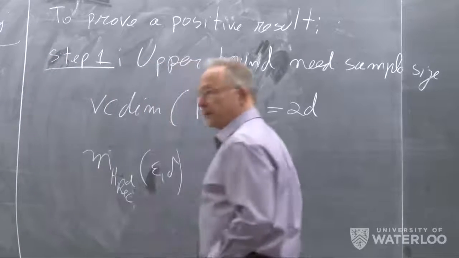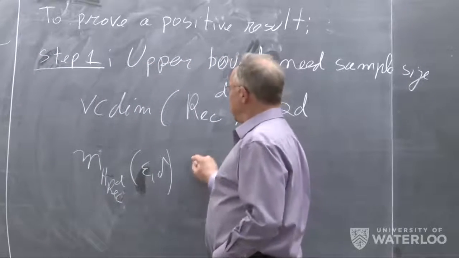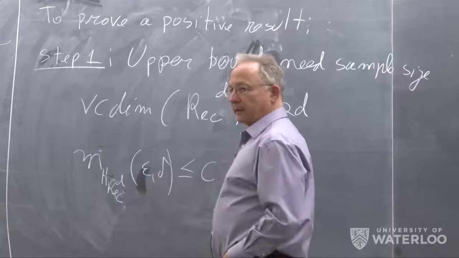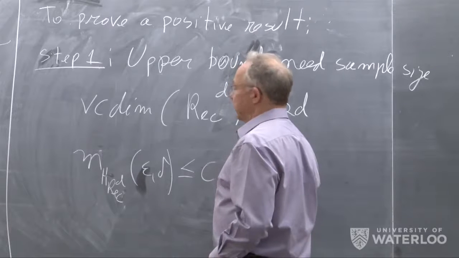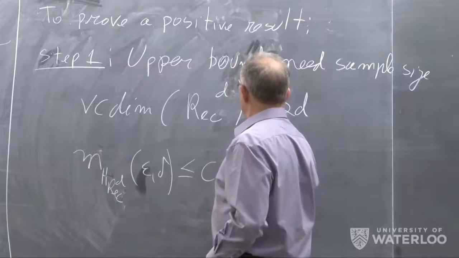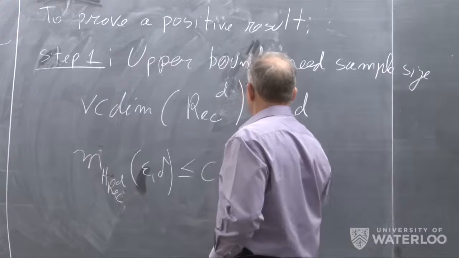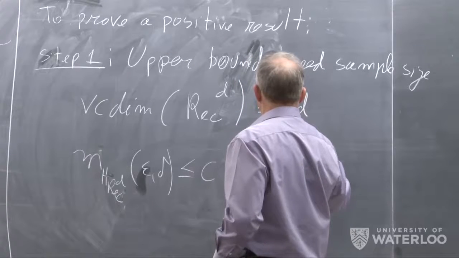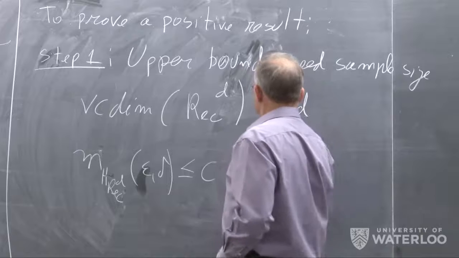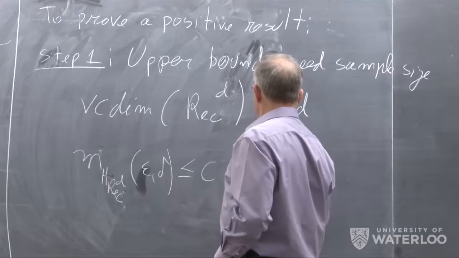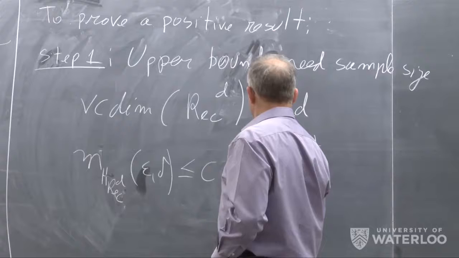We know by the fundamental theorem that it is bounded by some constant times the VC dimension, which here is 2d, plus ln 2 over delta, divided by epsilon squared.